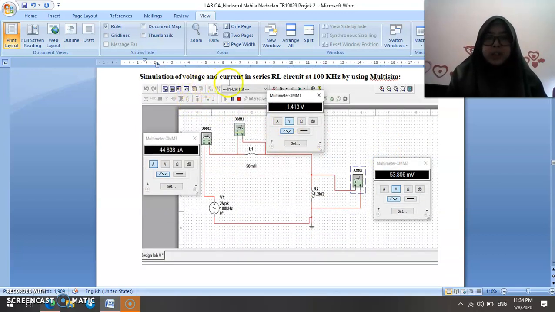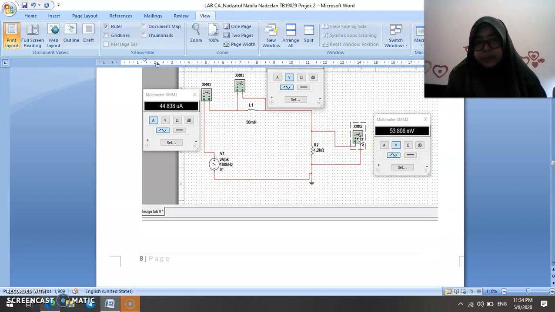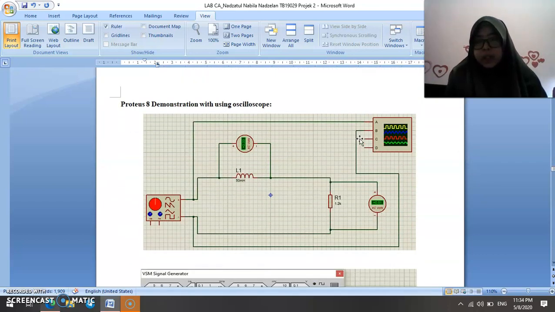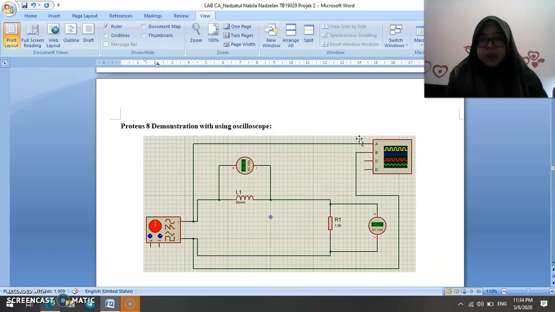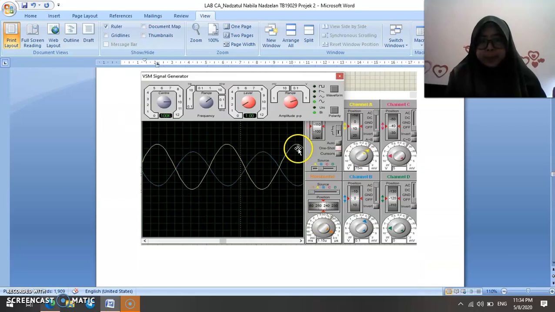This is the simulation of voltage and current in series RL circuit at 100 kHz by using Multisim. And this is the simulation using the Proteus 8 demonstration with the oscilloscope.